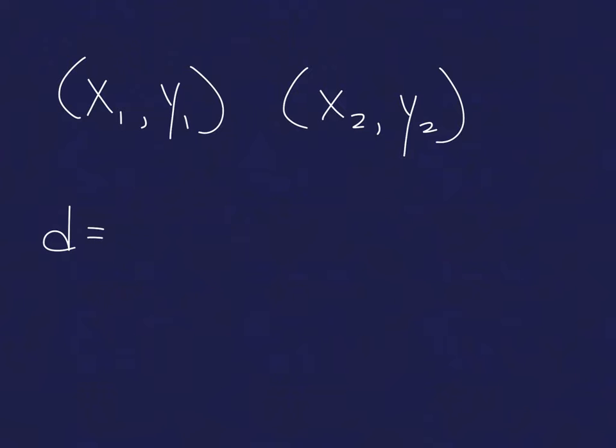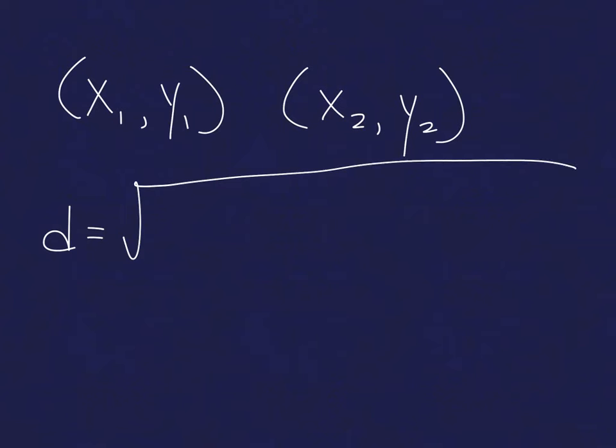Now if you're given two ordered pairs, let's just say we have x1, y1 is one pair, and then x2, y2, that's your other pair. So if we're trying to find the actual formula for the distance, this is the formula that we use.